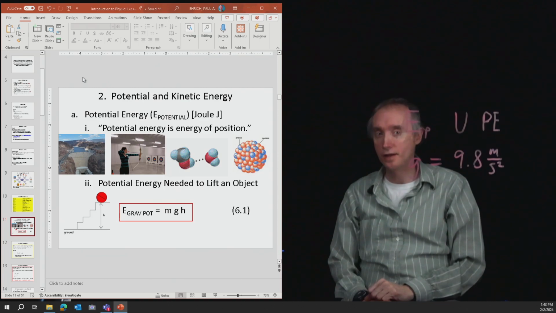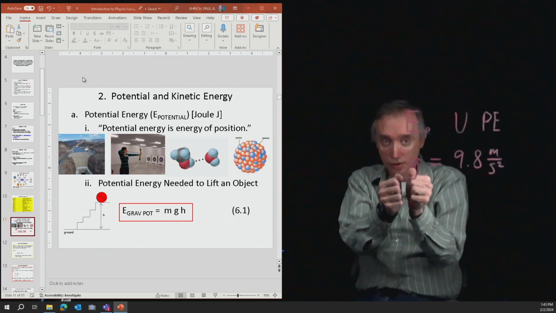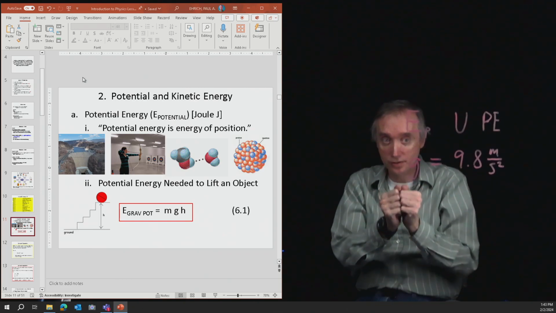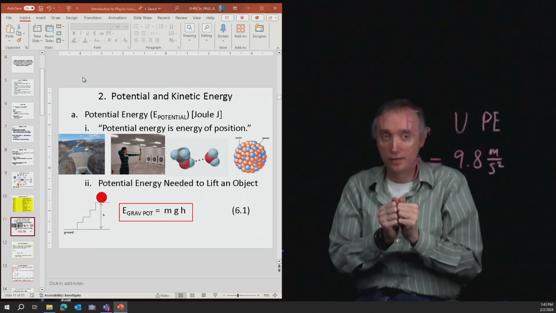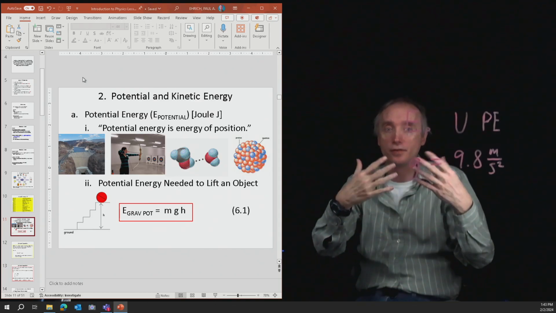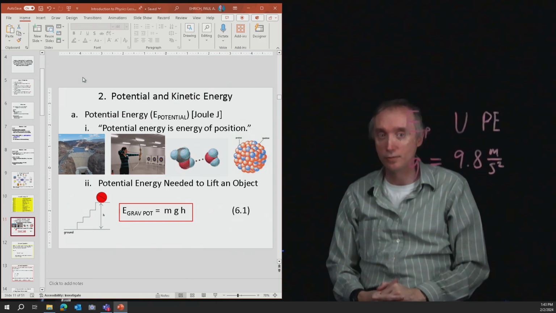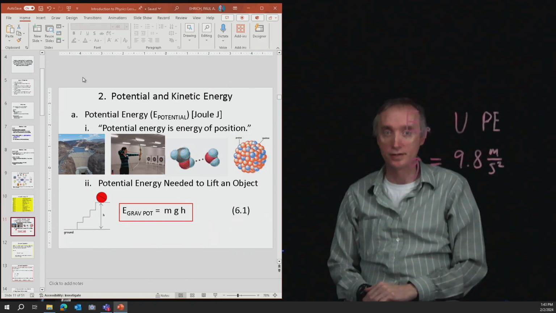So what kind of energy do you think we're talking about? Nuclear potential energy. There's going to be a force that's holding the protons and neutrons together. And then when you can disrupt that, then that gives off energy. And so that's going to be nuclear energy. And we'll talk about that in a different lesson.